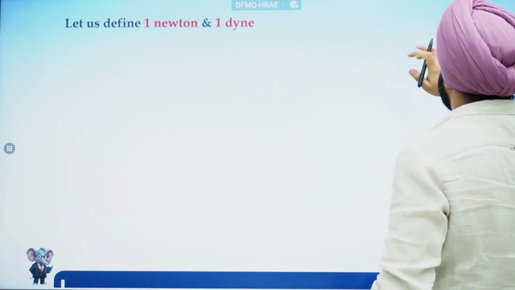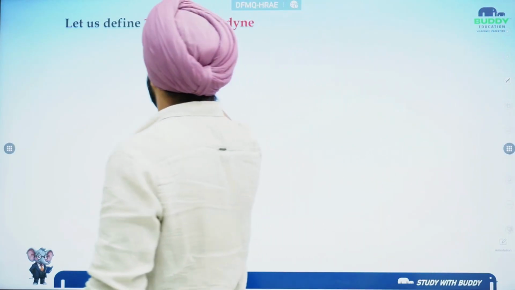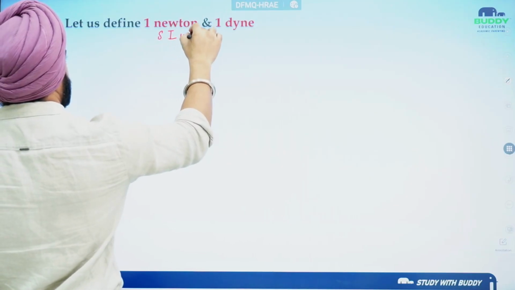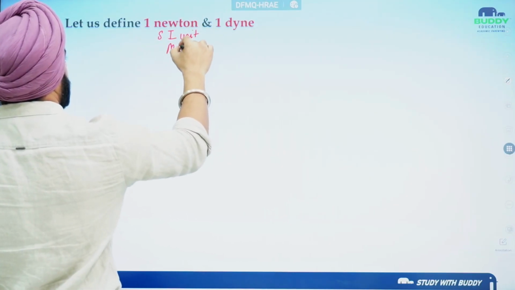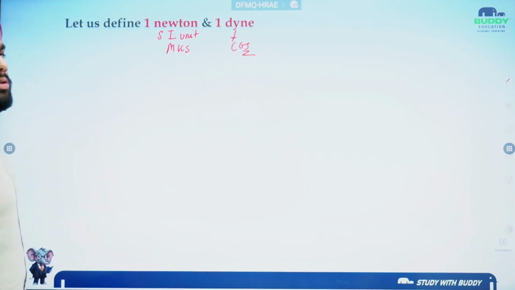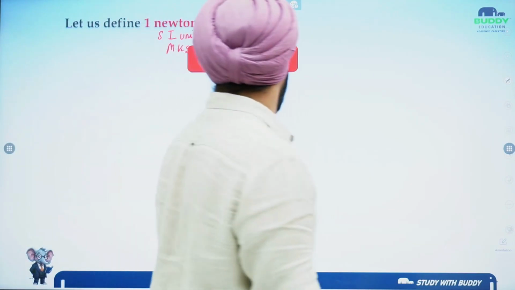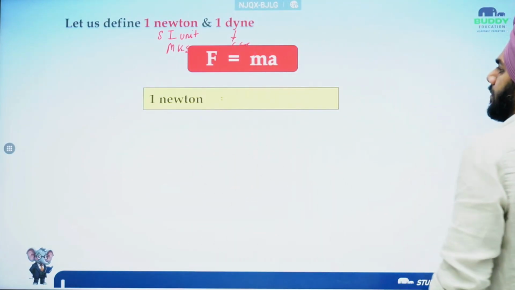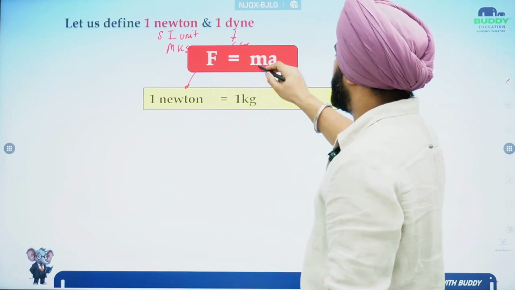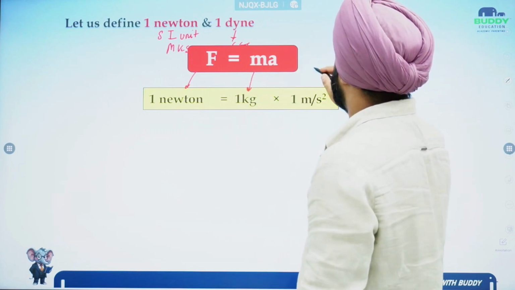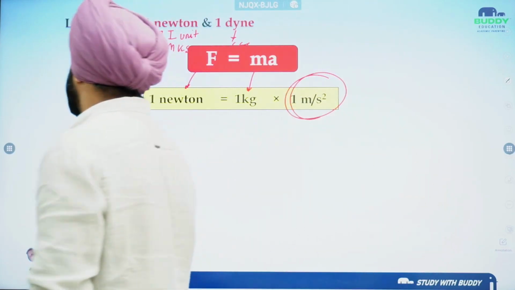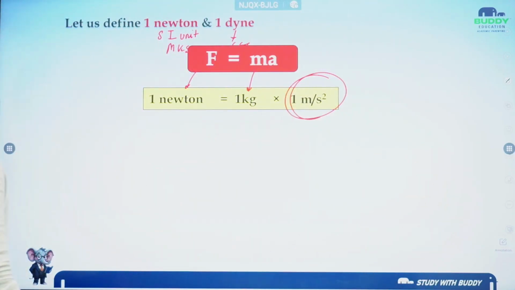So basically 1 Newton is the SI unit, or MKS, and this is CGS, right? So 1 Newton and 1 dyne is basically when we put F is equal to ma, in the place of force it's 1 Newton. So when a 1 kilogram object has acceleration 1 meter per second square, then we can simply say that it's 1 Newton.